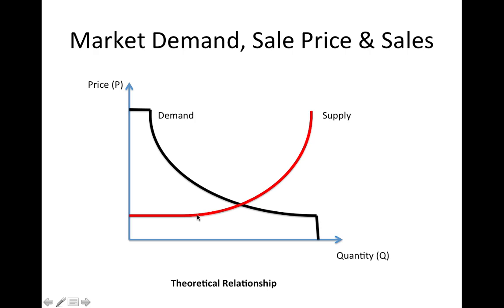And as the price goes up, you have more and more people willing to supply. You hit a point up here, I don't really show this well, where you've maxed out on the quantity side. There's absolutely no more you can supply. At that point, it doesn't matter if the price increases or not. The quantity is not going to increase anymore because you just don't have any capacity to supply anymore.